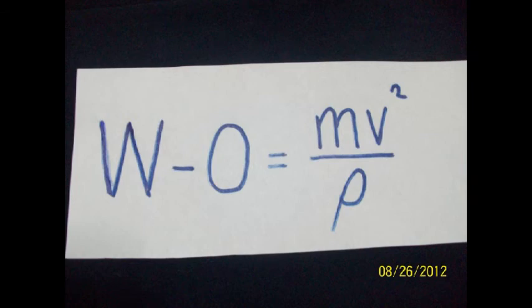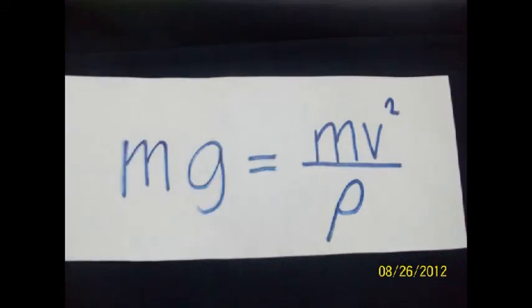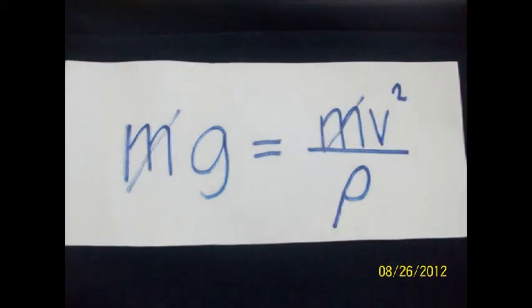And weight is the product of mass times gravity. So we now have mg is equal to mv squared over rho. Having the variable m on both sides of our equation, we can easily cancel it out.